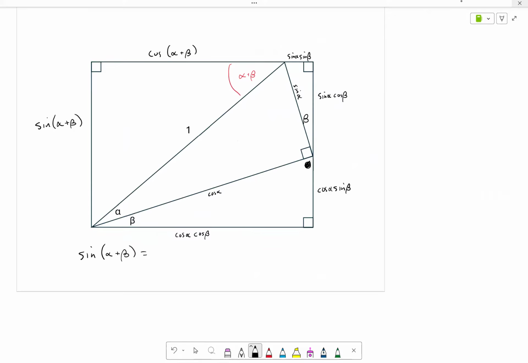You see what it's equal to? It's a rectangle, so sine of alpha plus beta is equal to. We're gonna start with the top. Sine of alpha cosine beta plus. Do we see this clearly? Do you see clearly where that came from?